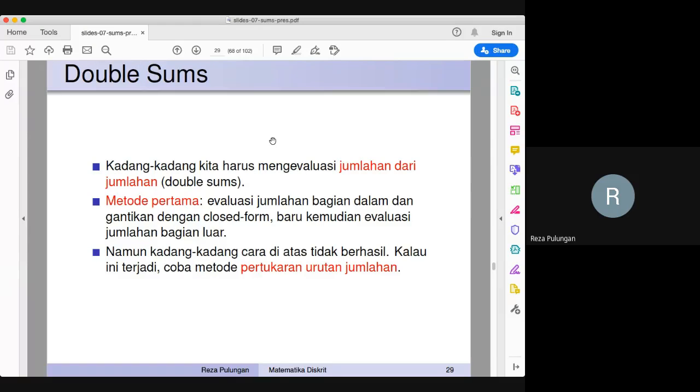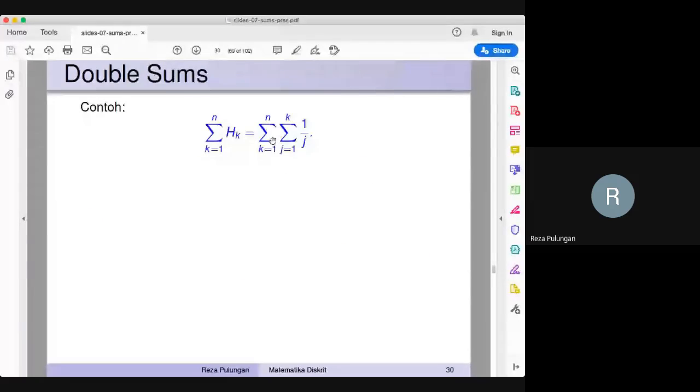If you can evaluate the inner sum and it has a closed form solution, then everything is perfectly fine. This basically means that if you have this one and it has a closed form solution, then replace this by the closed form solution and then do it again.